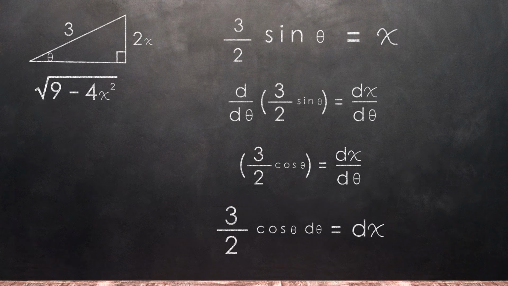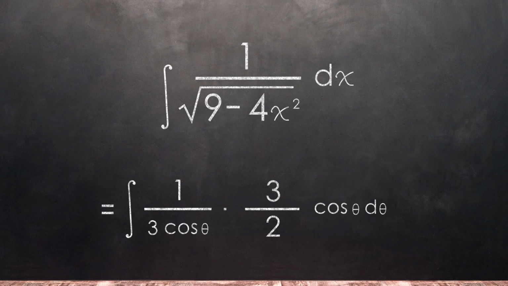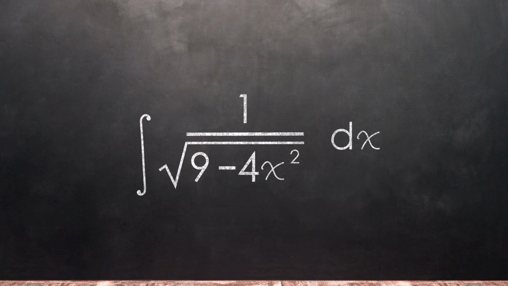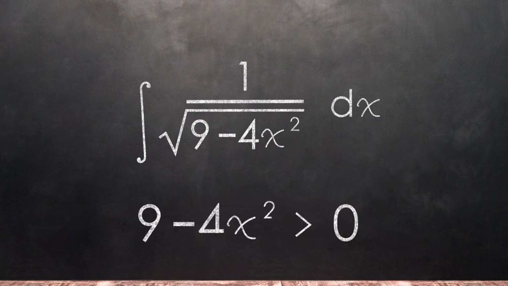Now we can substitute everything into our original integral to make the change of variable from x to theta. Before we move on from this step, we have to make sure that when we divide by cos theta, we are not dividing by 0. To check this, we look at the restrictions on theta. These restrictions come from the square root. The expression underneath the root must be strictly greater than 0.